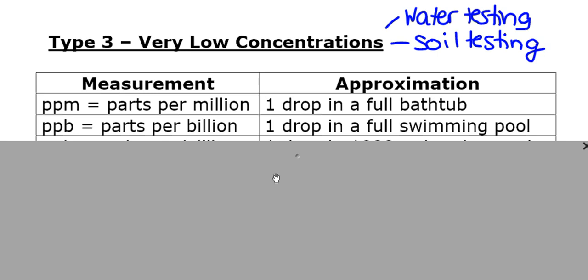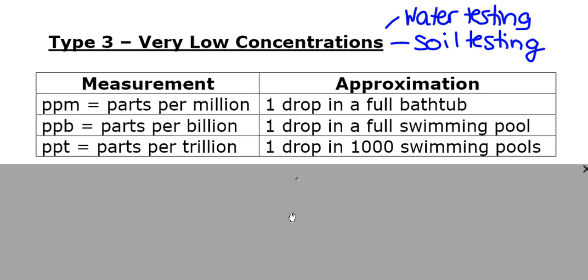Definitely not once it mixes with the water. But you've put that drop in there, you know those molecules are floating around, it's just very, very, very dilute. One more, parts per trillion, this is even more tiny. Imagine you had the volume of 1,000 swimming pools and you put 1 drop into that volume of water. That would represent a part per trillion, so very little.